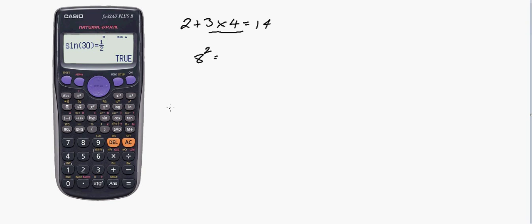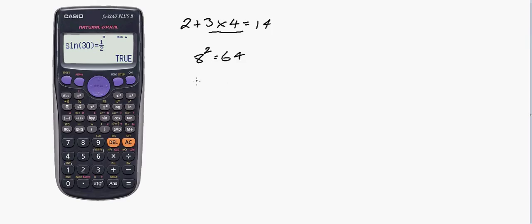What you would do is press 8, and then up here you've got x squared, so you press that. It will give you this form. You then hit equals, and it will give you the answer 64.